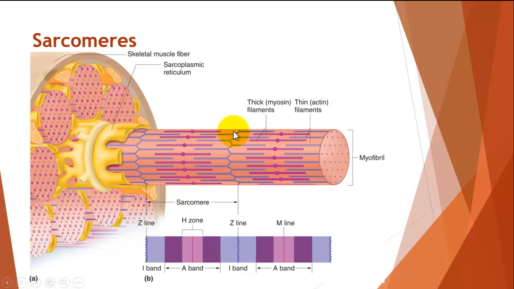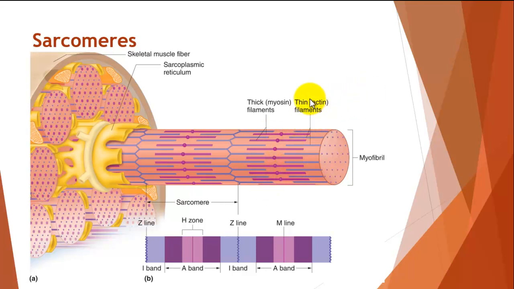So there's an I-band on that side, an I-band on that side. Basically, a Z line goes right down the middle of an I-band. How's that? Here's the A-band. Here's something called the M line, a little thing of proteins, and the H zone would be the lighter area on each side of an M line.